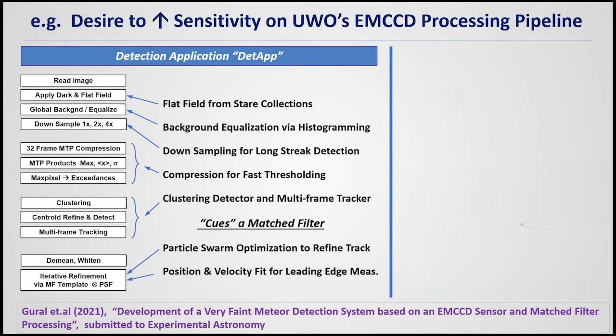But the bottom line is, if you look about 2/3 of the way down, there is a clustering detector and multi-frame tracker, which does the basic front-end detection, and that cues a matched filter for doing very fine track refinement and estimation of the leading edge pick points.